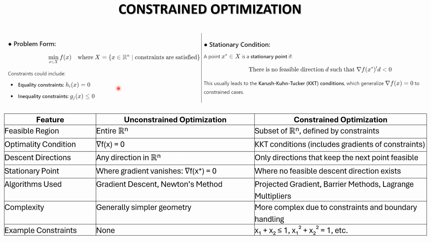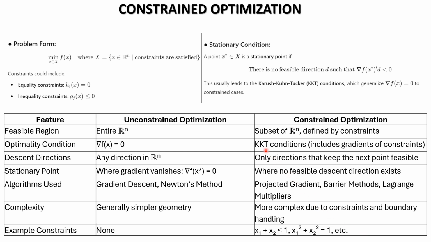Constraints could include equality constraints or inequality constraints. And in this table you can see the comparison between unconstrained optimization and constrained optimization.